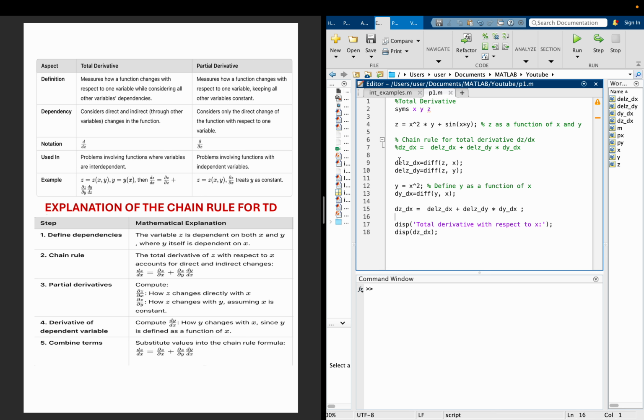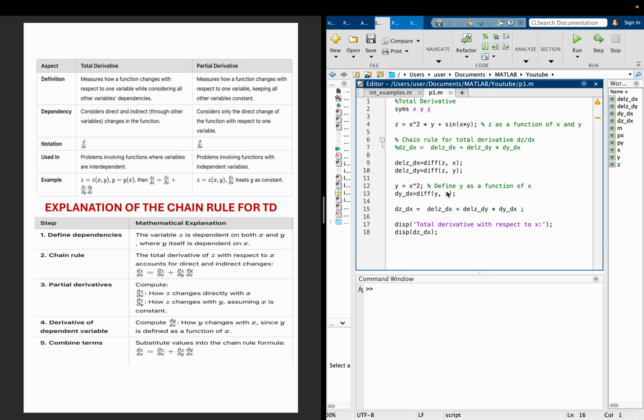So in order to find delta z delta x, I need to use the diff function again, and then I use my z as the function, and the independent variable will be x, and my delta z delta y will have an independent variable of y, and here dy dx is just the total derivative of y with respect to x.